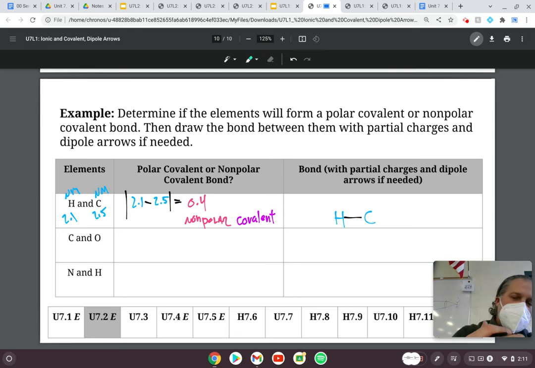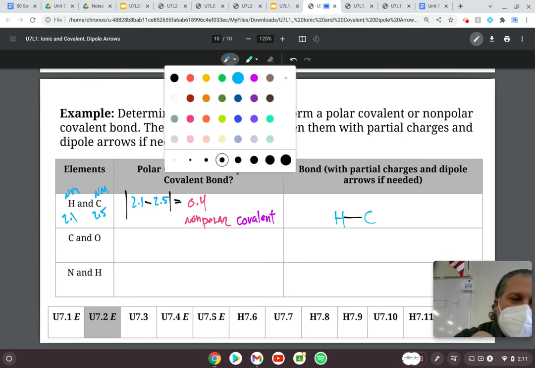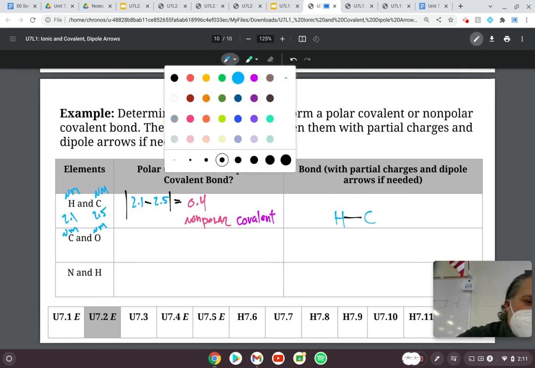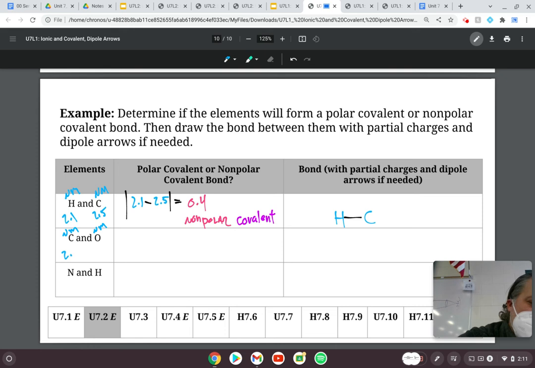In the case of the next one, though, carbon is a nonmetal, oxygen is a nonmetal. Carbon has an electronegativity value of 2.5. Oxygen has an electronegativity value, according to the periodic table, of 3.5. That's what I meant. Thank you.